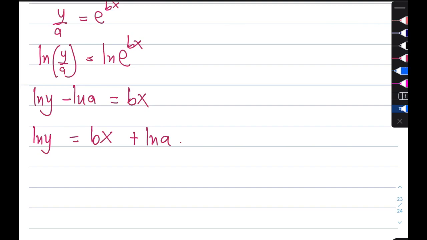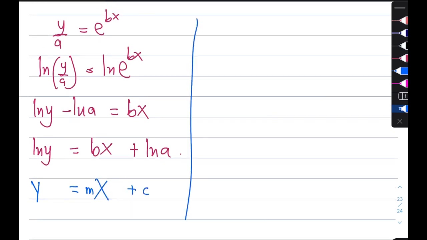Now, if we compare with y is equal to mx plus c, then we can see that our big Y is definitely ln y, and then our gradient is b, and then our big X is small x, and then our constant is ln a.